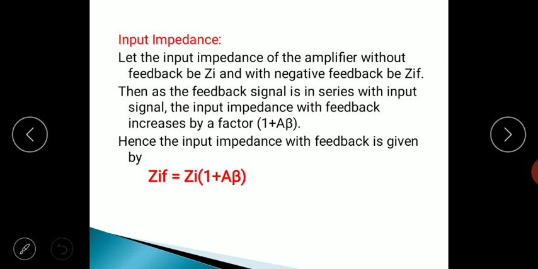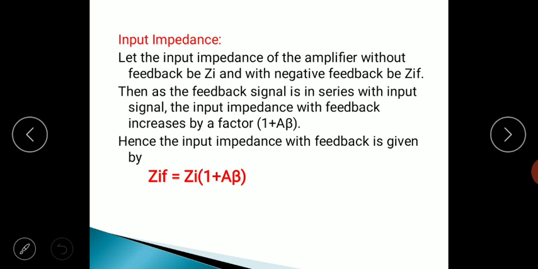Now if you see the input side, the feedback signal is connected in series with the source input or the input signal, and you know that always the series connection increases the resistance or the impedance.